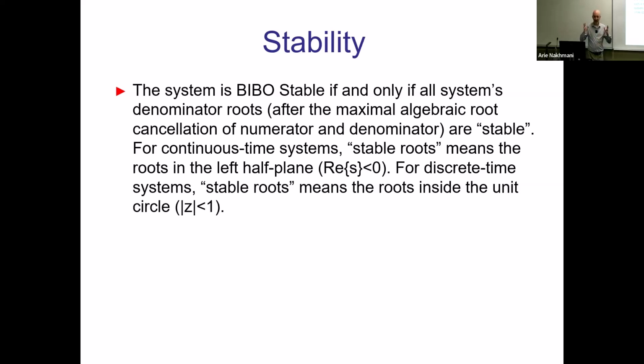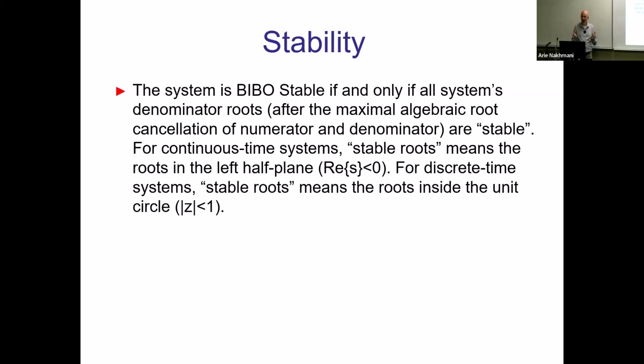So if your system is of particular order n, and you have some poles and zeros cancelled algebraically, like you have s plus 1 at the top and s plus 1 at the bottom, you can cancel them, right? So if all real parts were negative before cancellation, this is asymptotically stable. If only after cancellation, then it's BIBO stable.